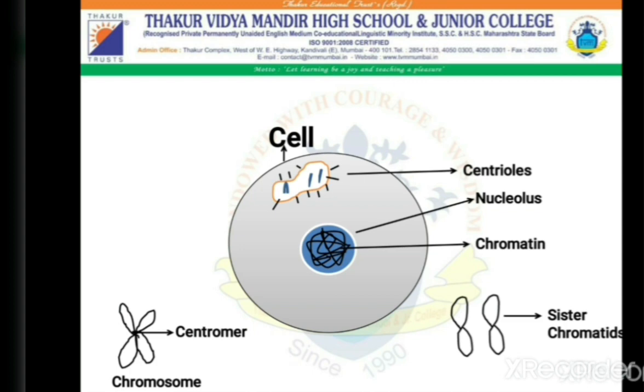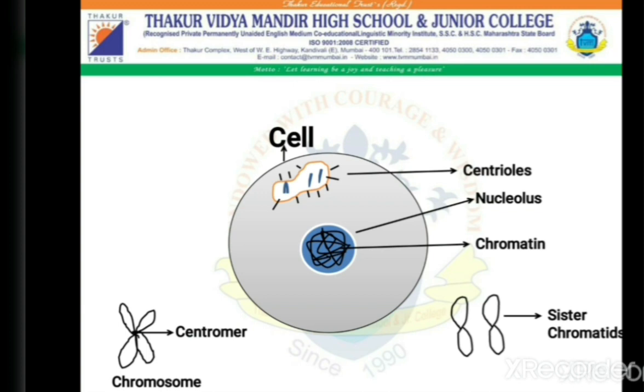So basically, the chromosome is split into two parts, and when they split into two parts, it is called sister chromatids. So there is a difference between chromatin and chromatids. Chromatin are the threads which are present inside the nucleolus, whereas sister chromatids are nothing but what we get from the chromosomes.